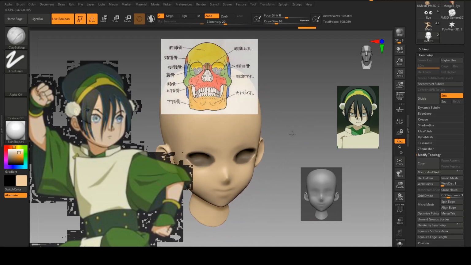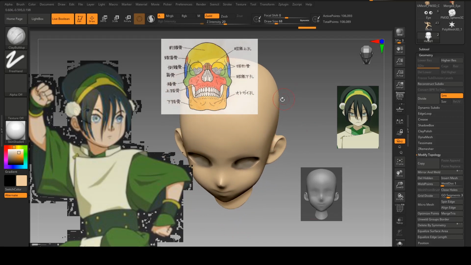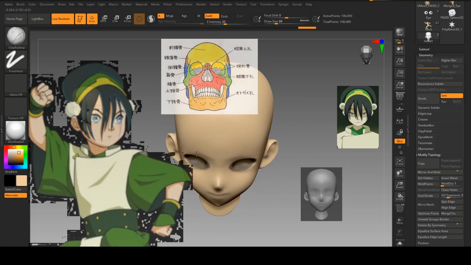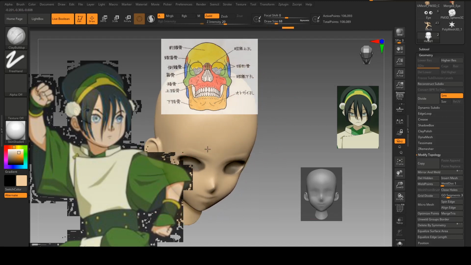Then reverse it, and so I give some good shape of the eye arc.